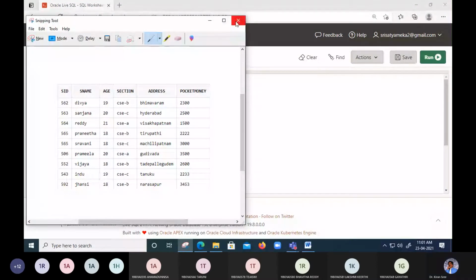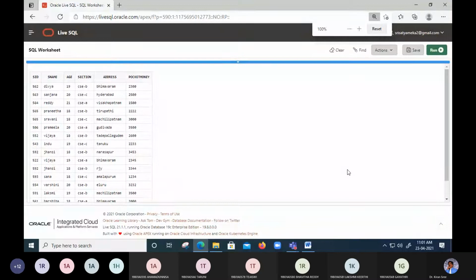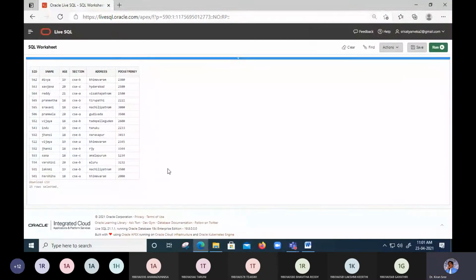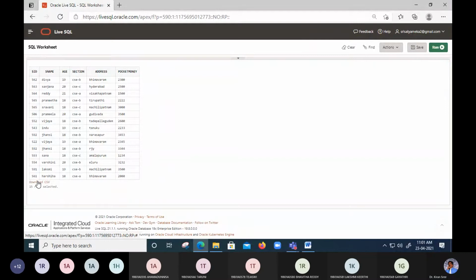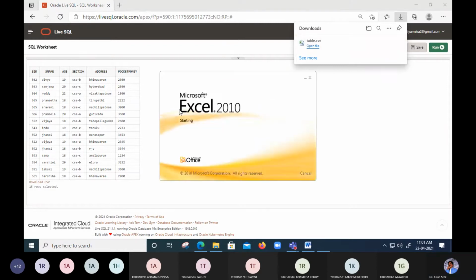Yes, 15 records are there. Download the CSV sheet and open the file.